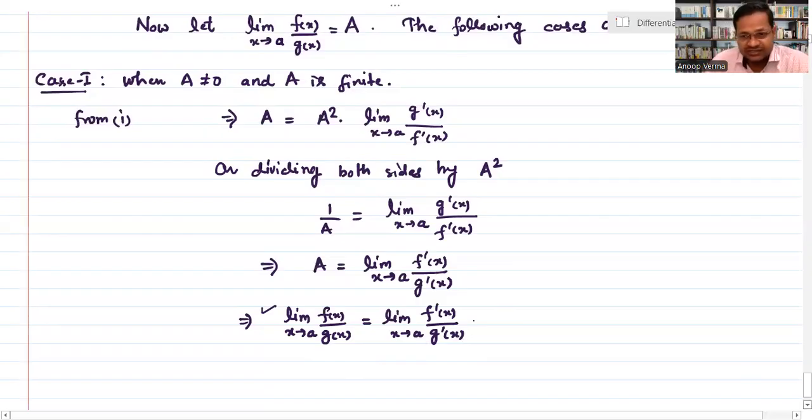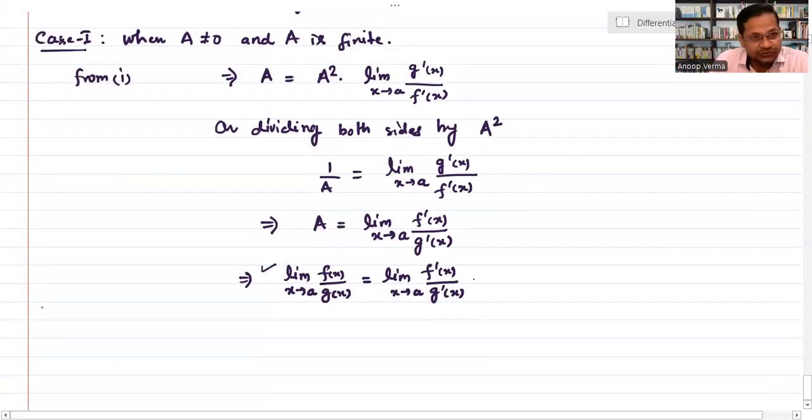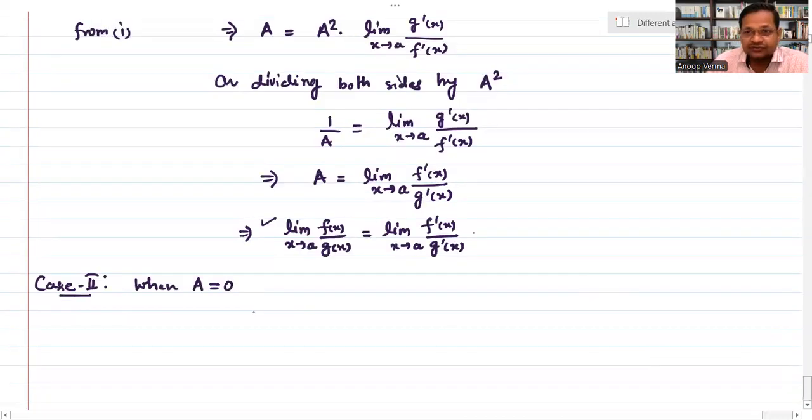Okay, let's discuss the second case when a is 0. So when a is just equal to 0, clearly a plus 1 will be non-zero. So in this case, a plus 1 is not equal to 0.